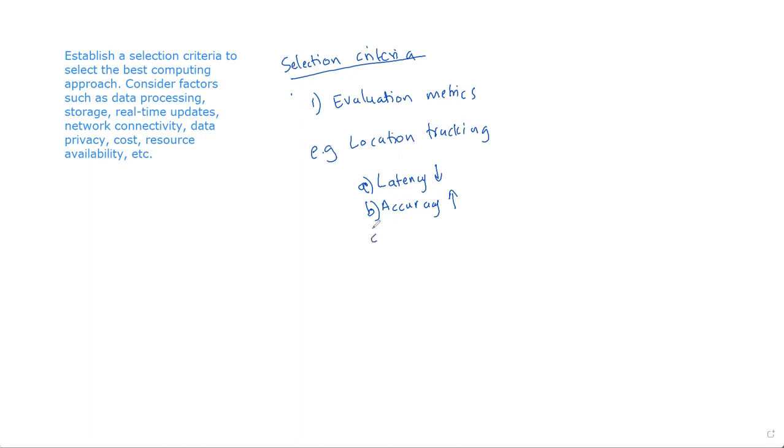Apart from that, we can also take into consideration other factors that I have given in the question. So data processing ability also we can consider: whether the server has a higher data processing ability or not, the storage ability, the connectivity, and data privacy.